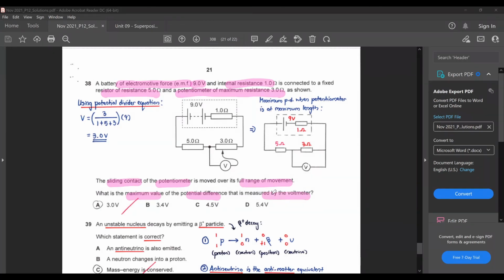So you want to have the maximum PD. You can just think of it as this now. V is proportional to length. For potentiometer, one of the things that we mentioned was this now.